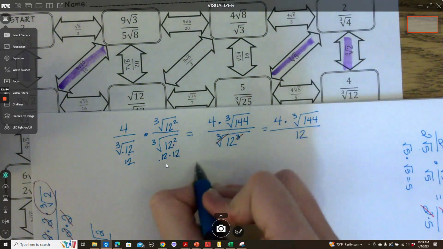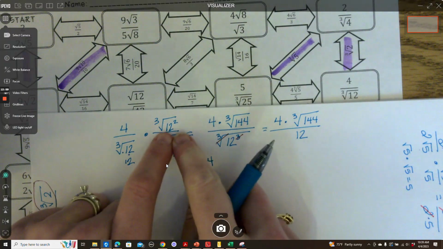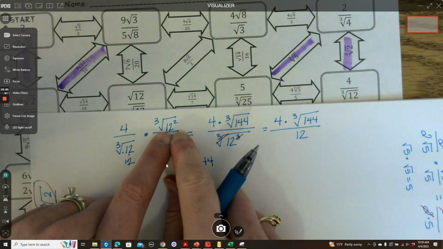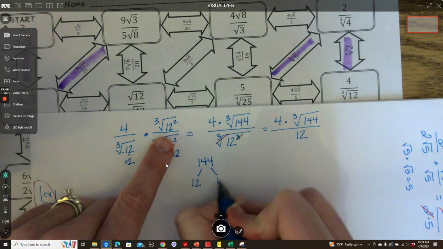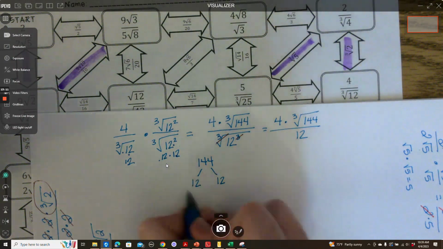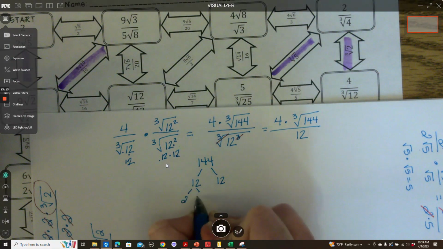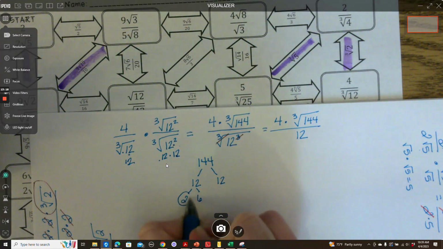So 144 is what we want to do. The easiest way is to go back to what made the 144. 12 times 12 did. But 12's not prime, but it at least breaks it down into smaller chunks. So what 2 numbers can I multiply to get a 12? 3 and 4. 2 times 6 works either way. 2 is prime.